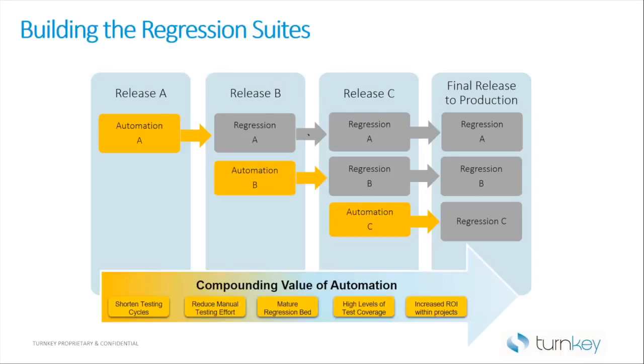QA-infused DevOps teams can come in and take the building blocks created initially and enhance those test suites to string together end-to-end workflows to test full business processes and logic that will identify defects within an application or even defects in application-to-application interactions. Ultimately, these end-to-end automated test cases can then be reused by the QA-infused DevOps team as a mature regression bed to ensure future releases do not break existing functionality.